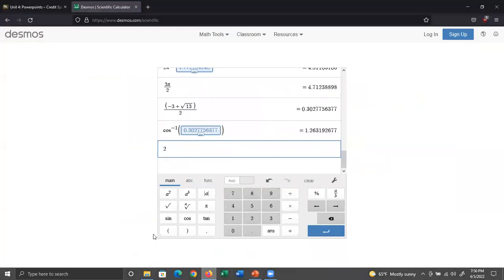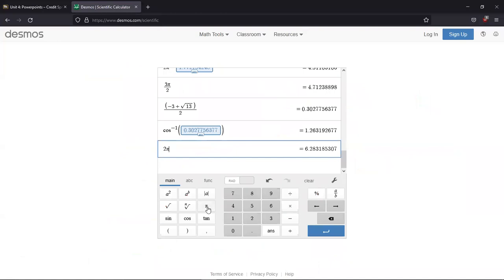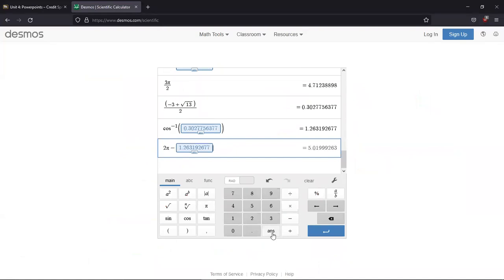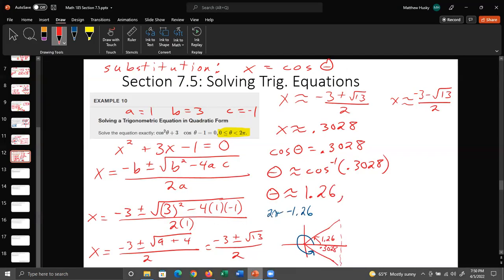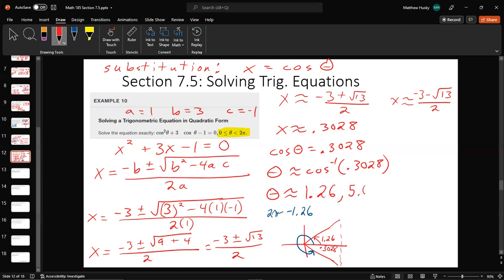So 2 pi minus that answer is 5.02. So that answer just by itself gave me 2 solutions.